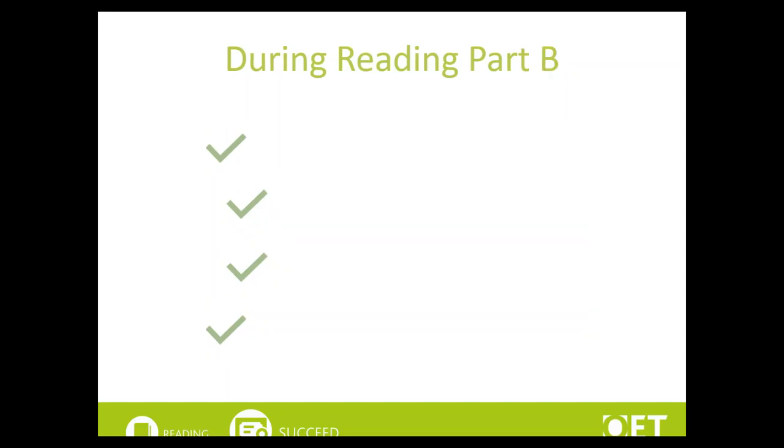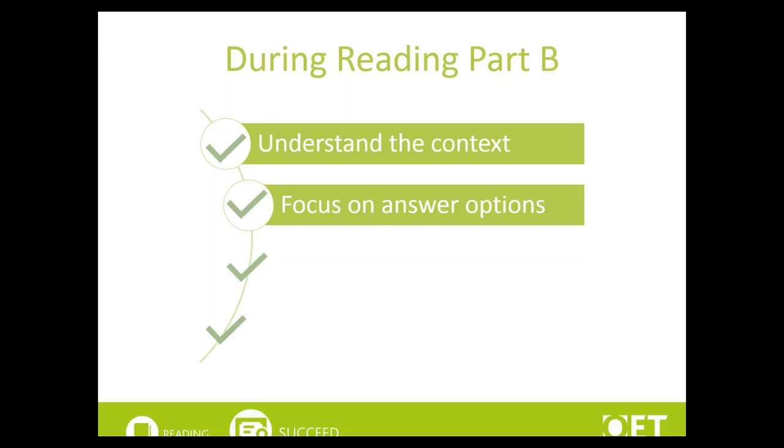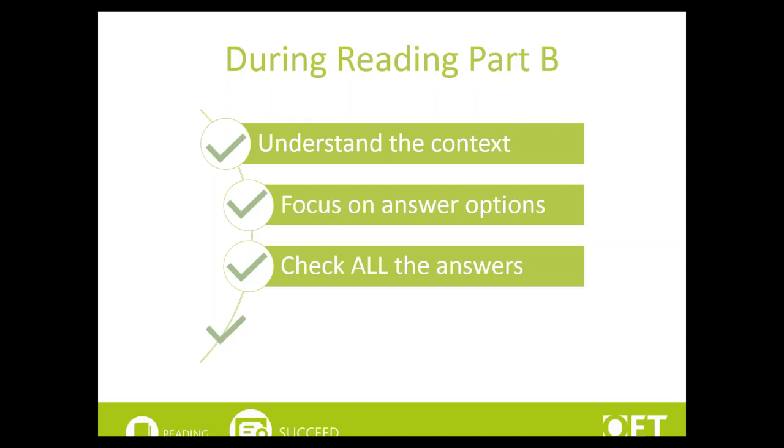In reading Part B, use the context heading to understand the type and purpose of each text. Read the 3 answer options carefully and notice the differences between them. Maybe underline words you feel are important if that helps. Check the text for all of the answers.